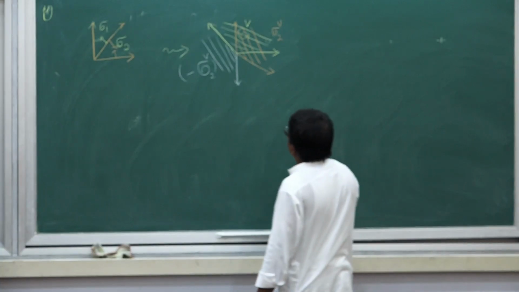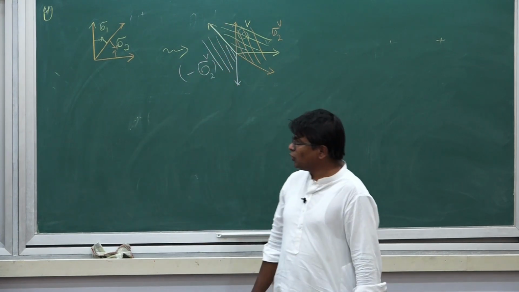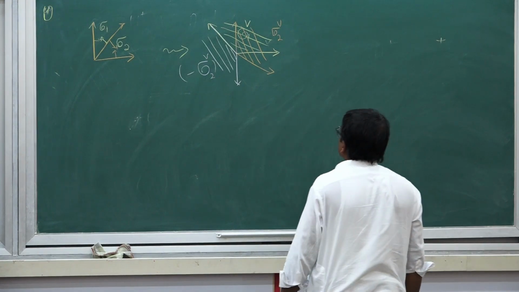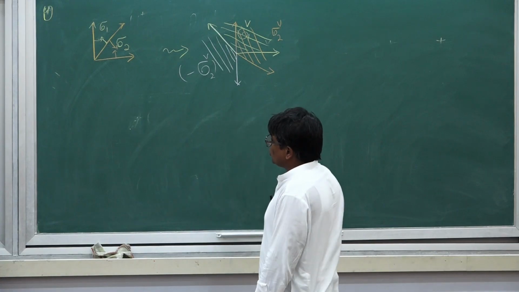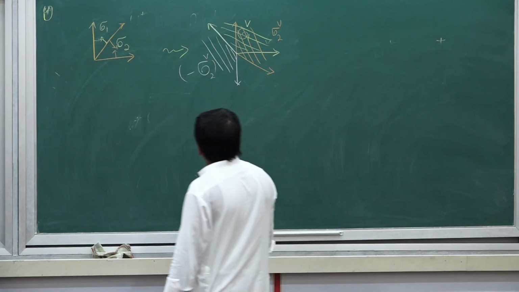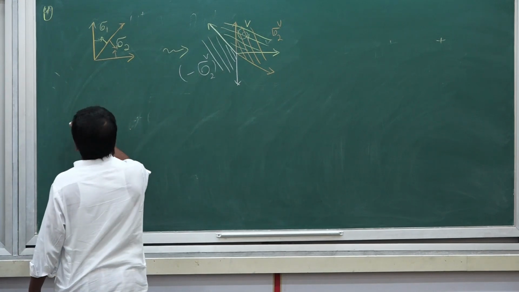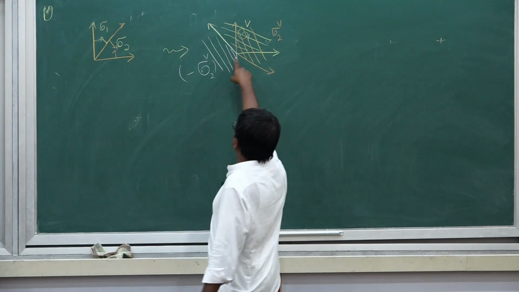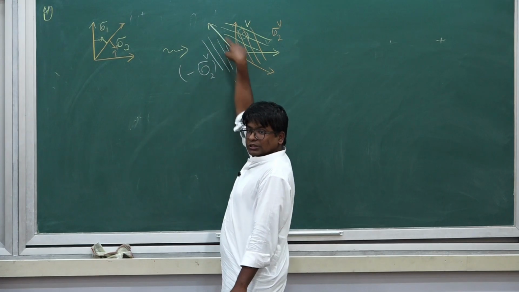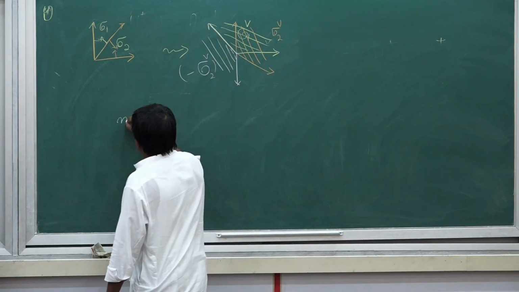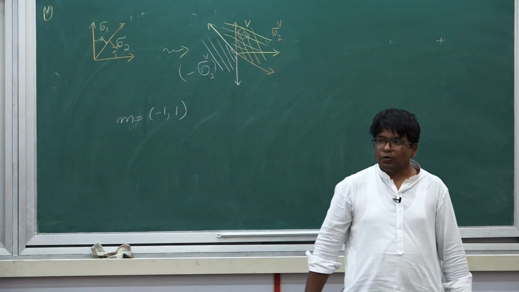So, this is the minus of sigma 2 dual, and you can see that both have an m which you can see on the boundary of this thing. So, what you can do, you can take any m in the intersection of these two things, which is actually this face. So, let us say m to be (-1, 1). Okay.